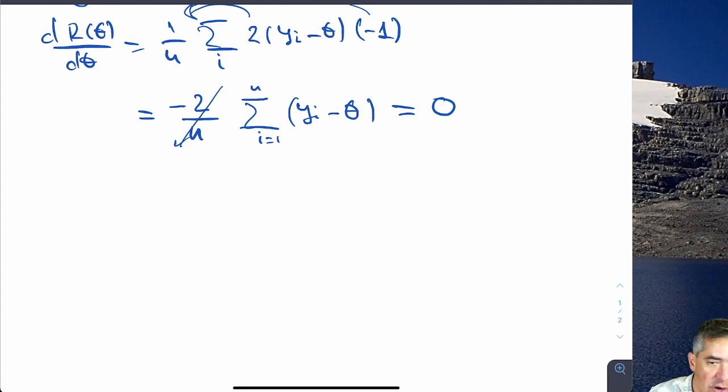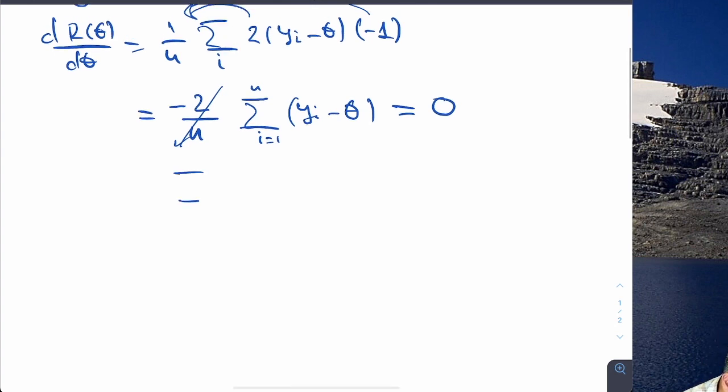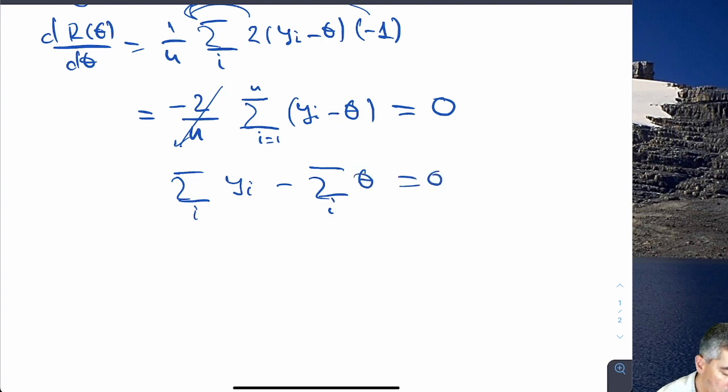The minus 2 over n can't be 0 for any finite value of n. So we're left with asking, when can this sum be 0? We can find that out by breaking up the sum into its two component terms. This is equal to the sum over i of y sub i minus the sum over i of the value theta, and we want that to be equal to 0. But this sum is equal to what?